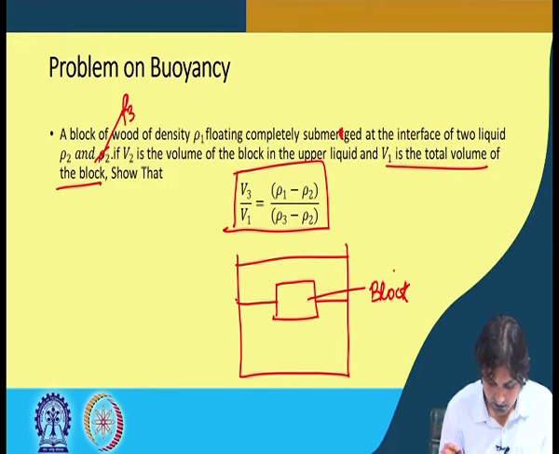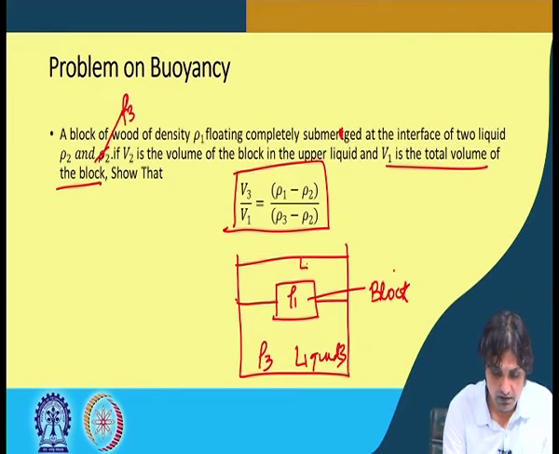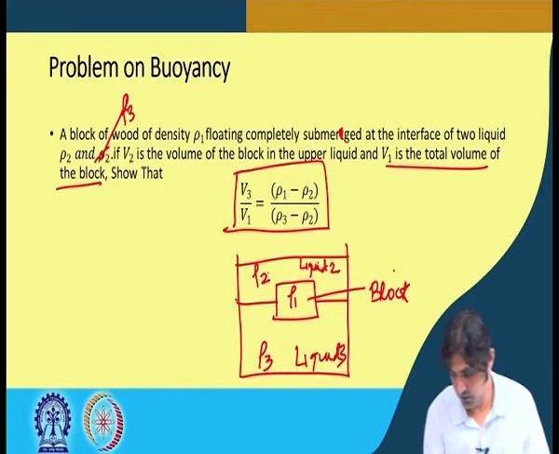So the block density is rho 1, this is liquid 3 because we are assuming density as rho 3, and this is liquid 2, and that is why this is rho 2.